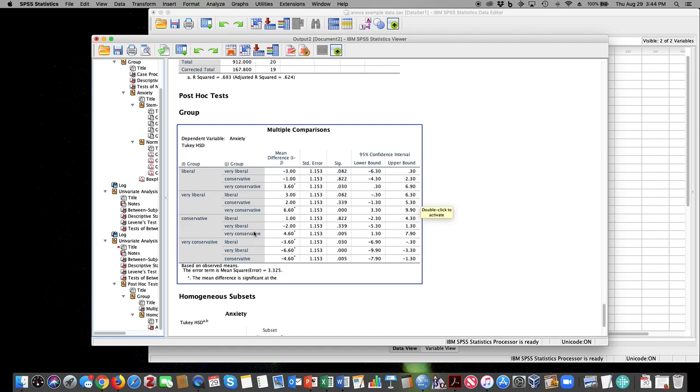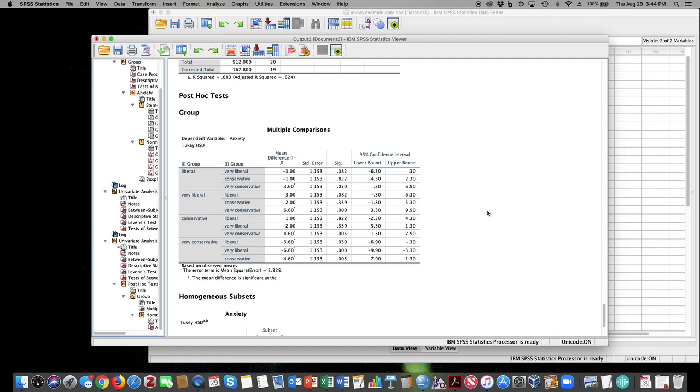And so everything is different from very conservative. And you can look at the confidence intervals based on the significance if you wish. But you'll use 0.05 to determine if there are statistically significant differences in your pairwise comparisons.